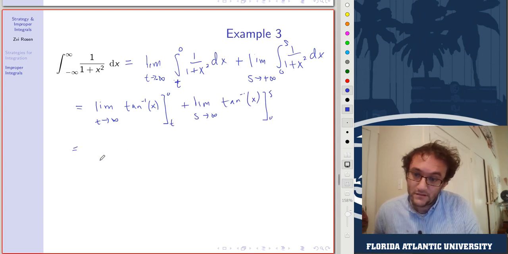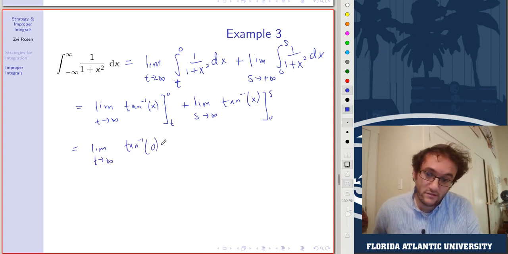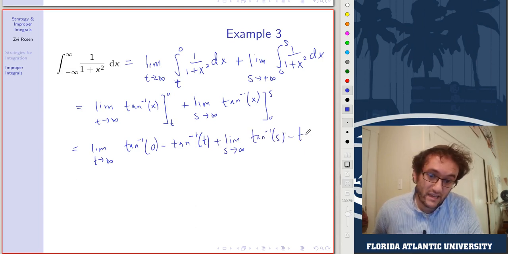Okay, so keep the limit in there: the limit as t goes to minus infinity of arctan of 0, which we know is 0, minus arctan of t, plus the limit as s goes to infinity of arctan of s minus arctan of 0.